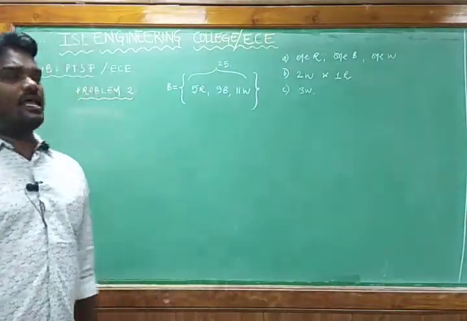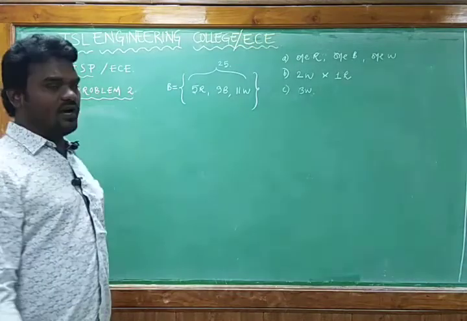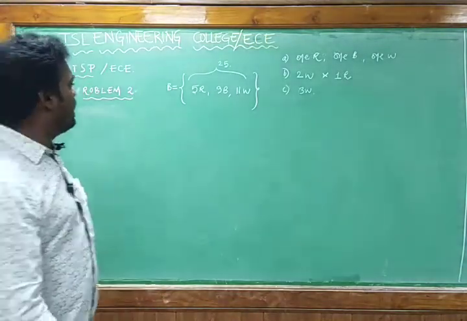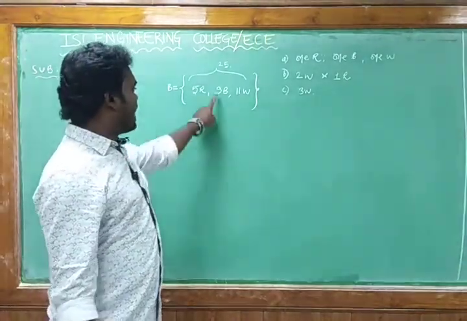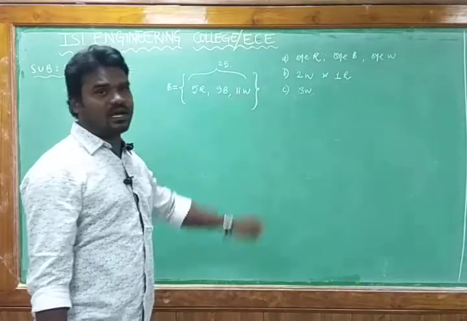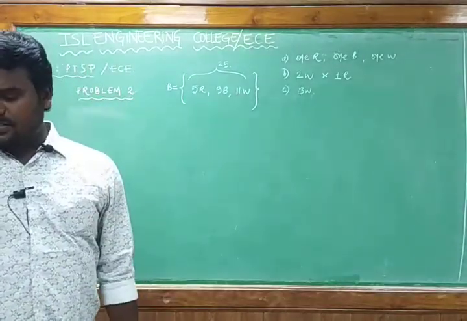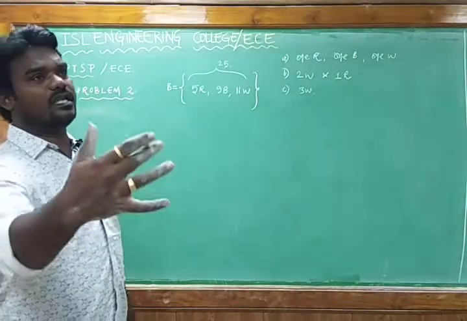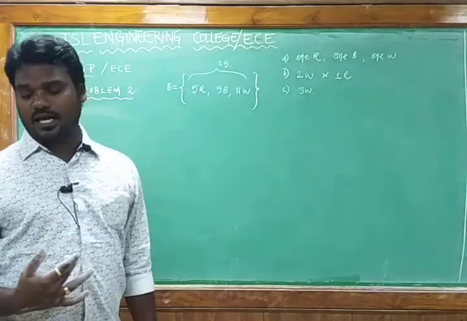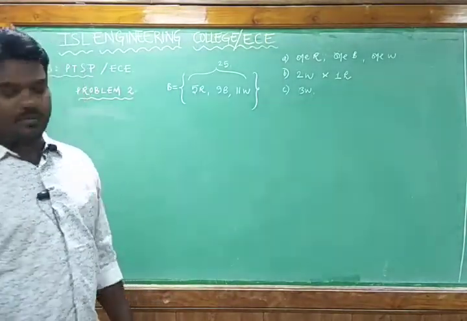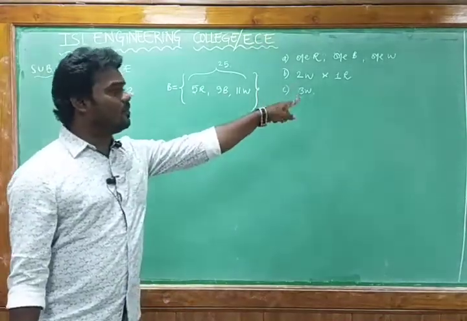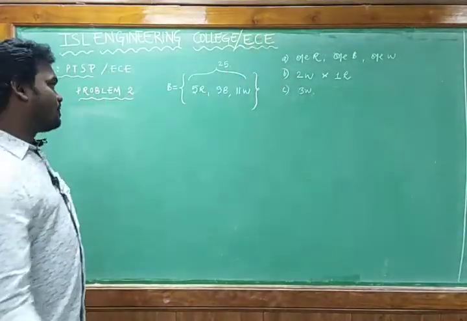A bag is consisting of a total of 25 balls, in which 5 balls are red, 9 balls are blue and 11 balls are white. If 3 balls are drawn together, what is the probability of 1 red, 1 blue and 1 white?